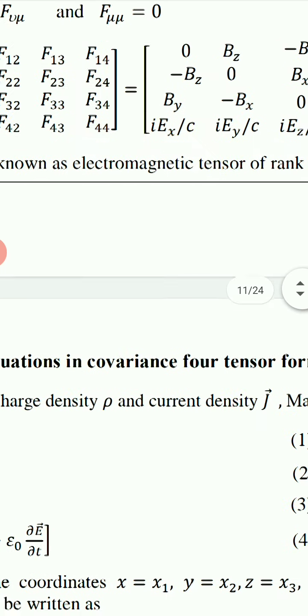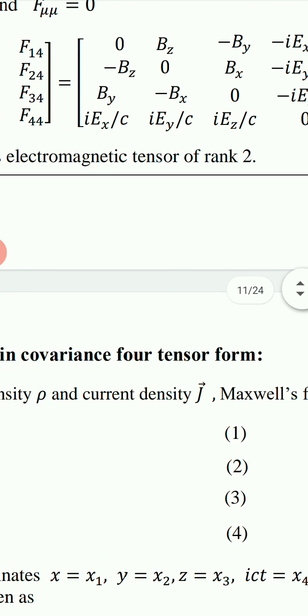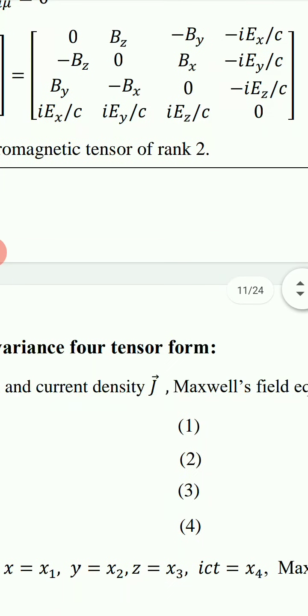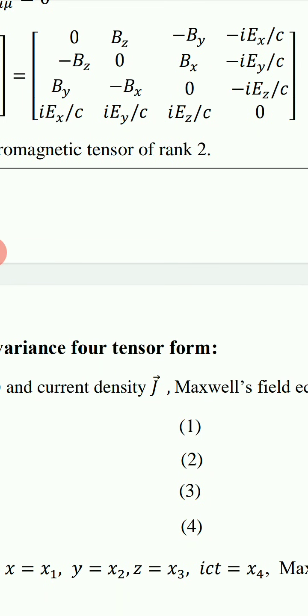This is known as the electromagnetic field tensor F mu nu, having 16 components related to the 3 components of the electric field E vector, that are Ex, Ey, Ez, and the 3 components of the magnetic field B vector, that are Bx, By, Bz.